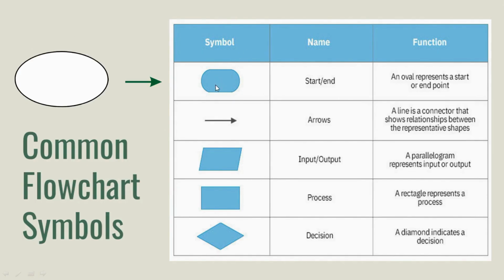So let's see first the common flowchart symbols. First is the oval. Oval shape is used when you want to represent the start or the end of your algorithm. Like, when you start the algorithm, you have to draw an oval and write start. At the end, you have to write end. Arrow is used to show the direction of the flow, that is, how your logic is going to proceed.